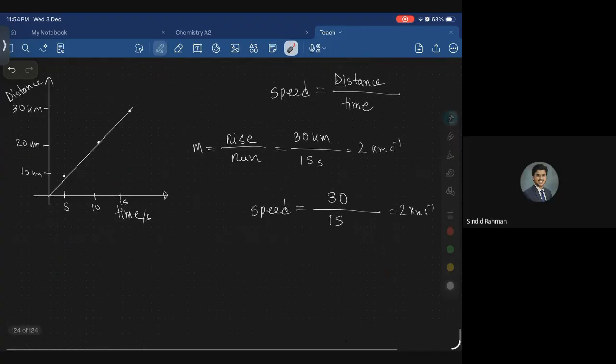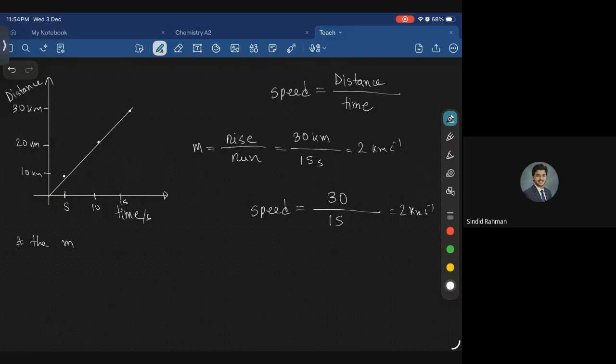Okay, so let's write this. The gradient, the m of the speed, sorry, not speed, distance against time graph gives me speed.